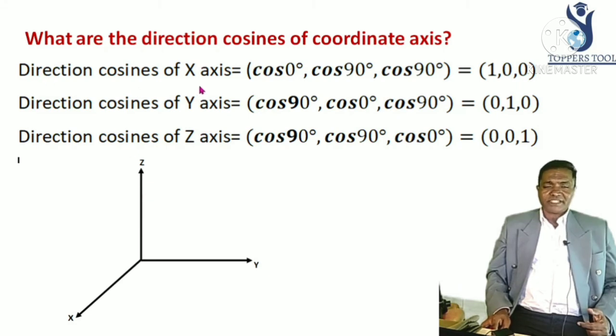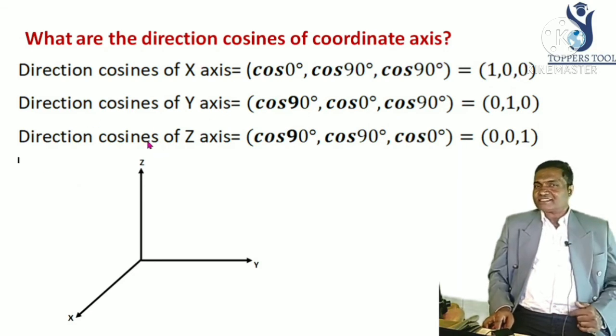So direction cosines of the x-axis are cos 0 degrees, cos 90 degrees, cos 90 degrees. So alpha is 0, beta is 90 and gamma is also 90. And as we know that cos 0 is 1, cos 90 is 0, so you have this.